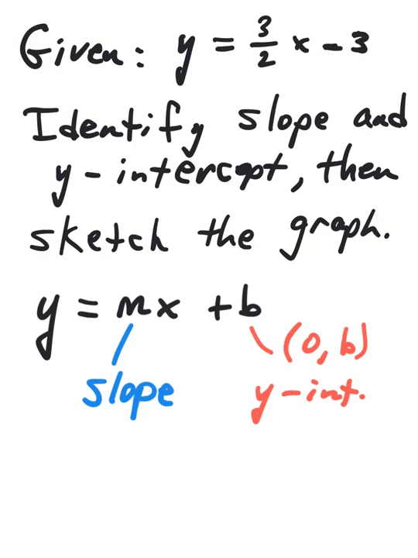For this problem specifically, our slope is 3/2 and our y-intercept is -3. From the previous slide, we know how to put this information together.